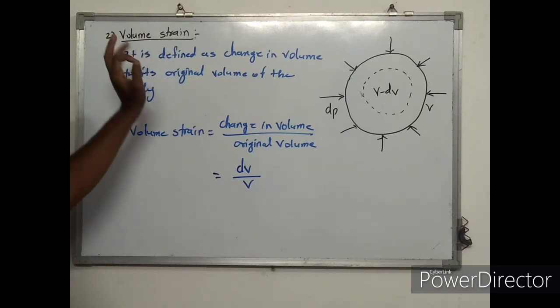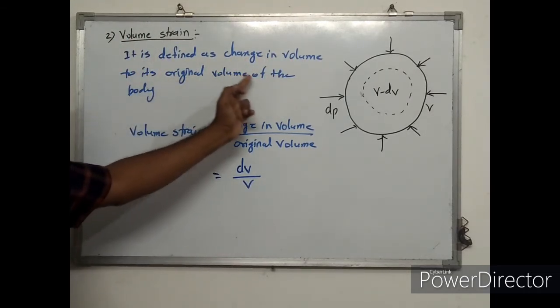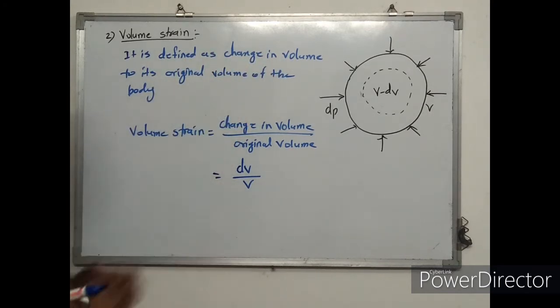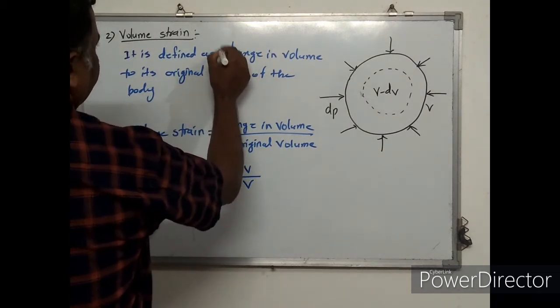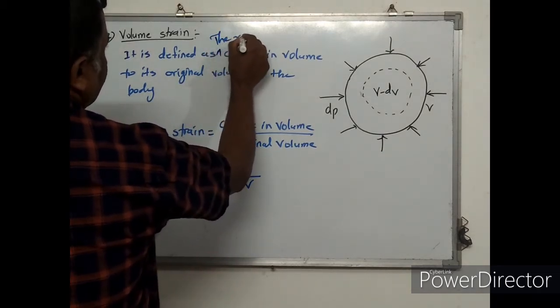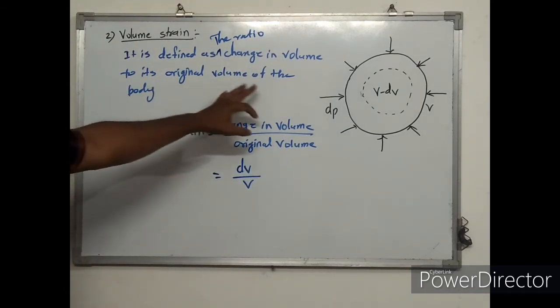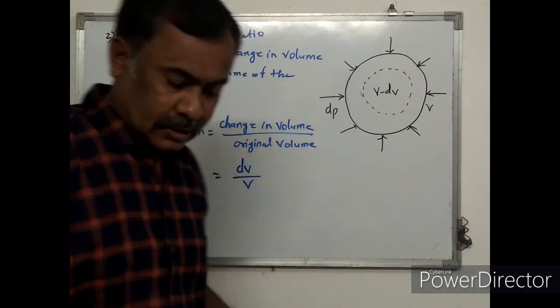But volume strain definition is change in volume to the original volume. It is defined as the ratio of change in volume to its original volume of the body, right? These are the two types.